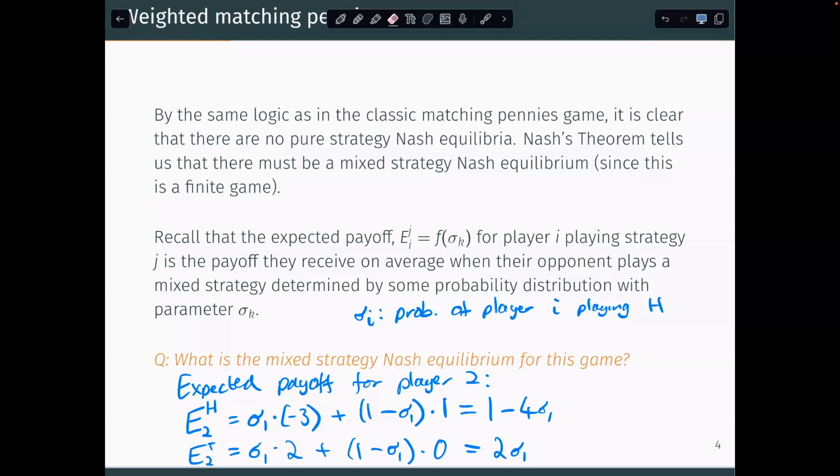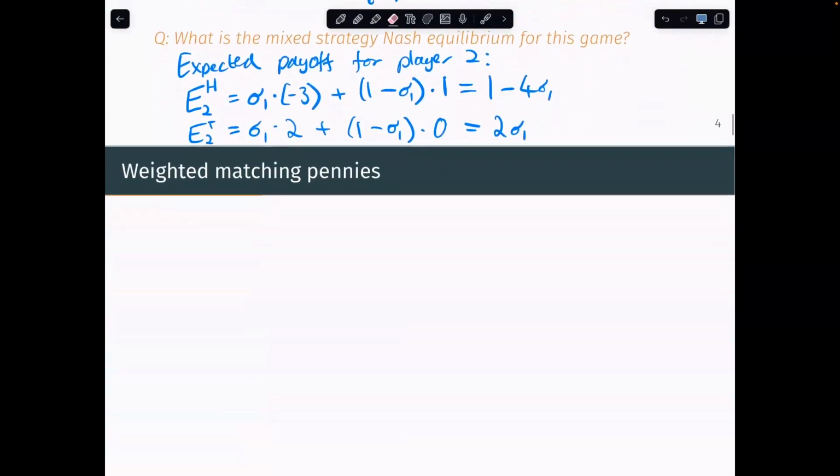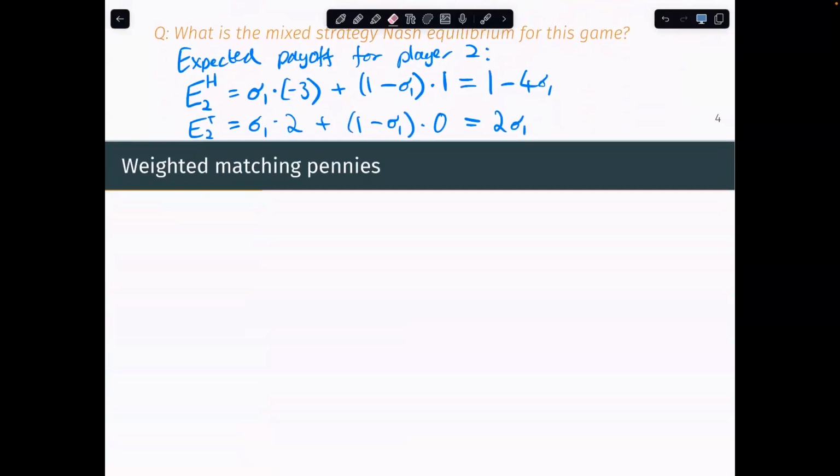Okay. So if you go with me for now, we've got expected payoff for player 2. Like we said, we need to equate these things because at a mixed strategy Nash equilibrium, MSNE, we must have the expected payoff for these 2 strategies for player 2 being identical.